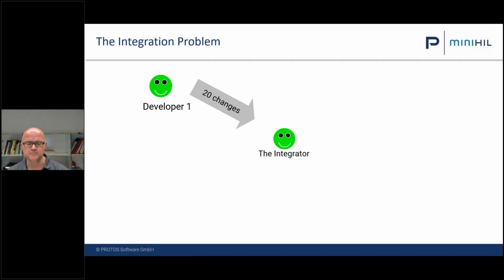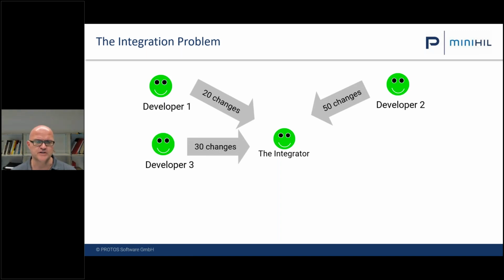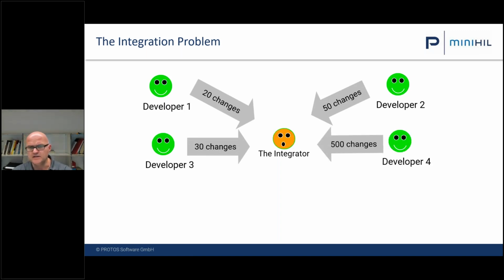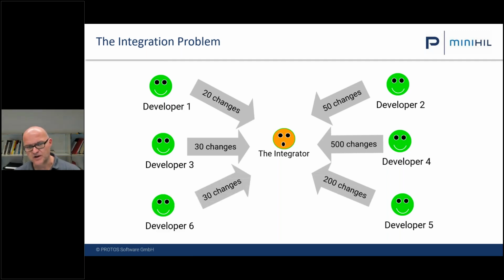So the first developer has 20 changes, commits them, integrator is happy, not much to do, 50 more changes, 30 changes. And then suddenly a lot of changes come in, and the integrator gets a little bit yellow, and more changes come in.